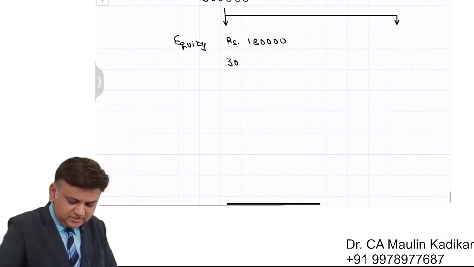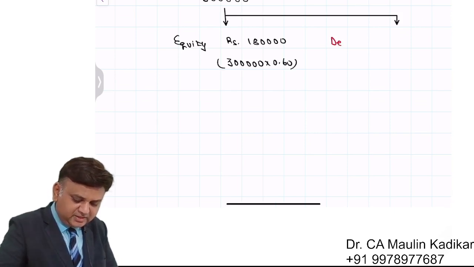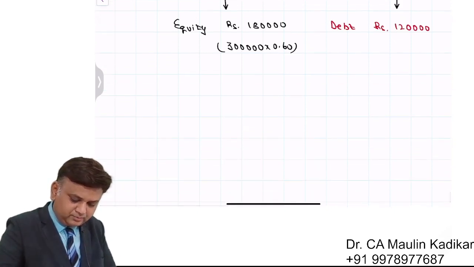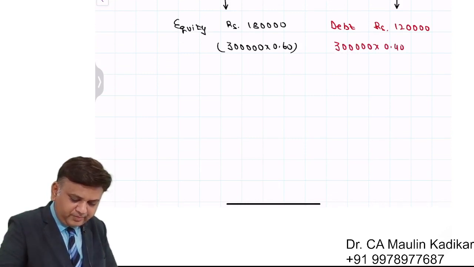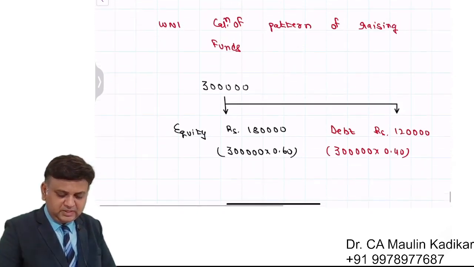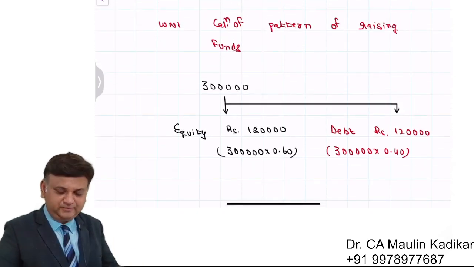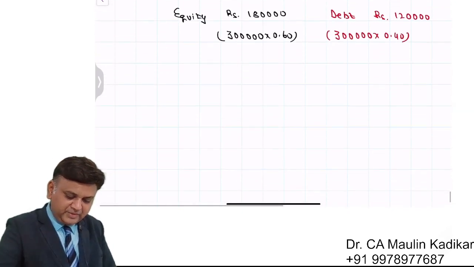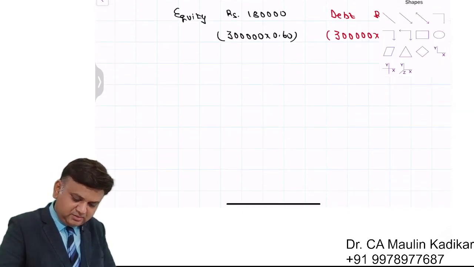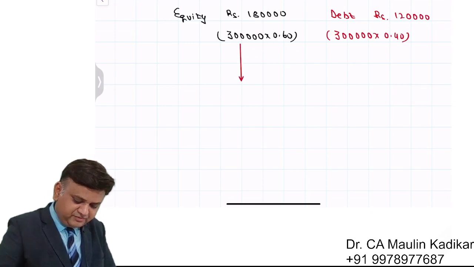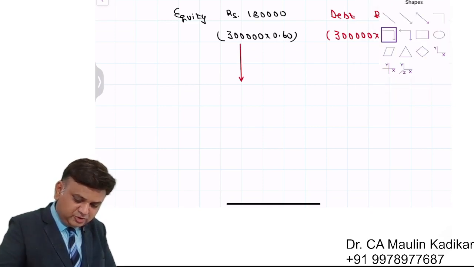It is 3 lakhs into 0.6. The remaining is debt. Debt is 1,20,000. That is 3 lakhs into 0.4. That is the way we are required to bifurcate. Now as far as the equity is concerned, that would be divided further between retained earning and new issue.